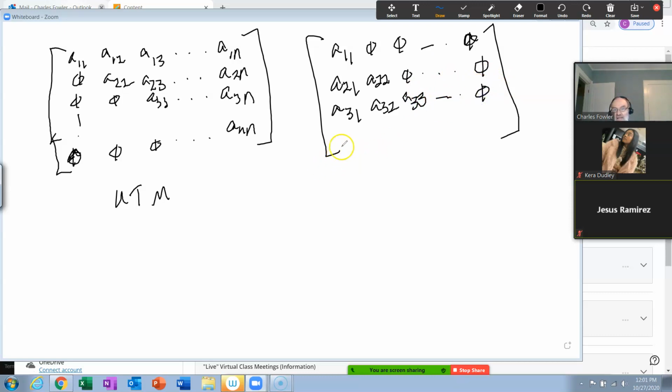And then we'll dot, dot, dot down here. The pen's dragging a lot. A sub n1, A sub n2, A sub n3, dot, dot, dot, all the way down to A sub n n. Dot, dot, dots everywhere.